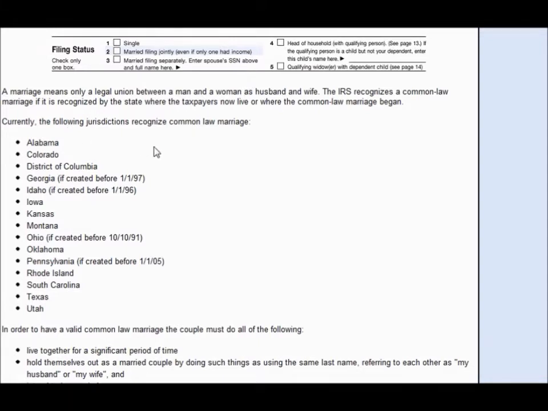Note below the listed jurisdictions that recognize common law marriage. As you can see, for certain states, such as Georgia, Idaho, Ohio, and Pennsylvania, please remember to ask your client, when was the common law marriage created?